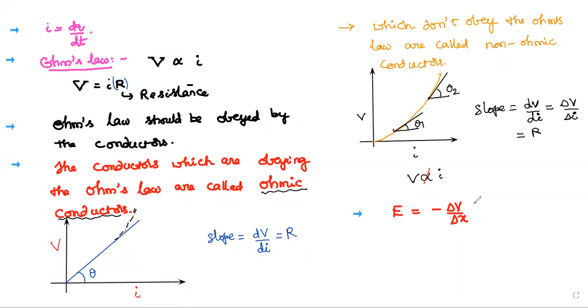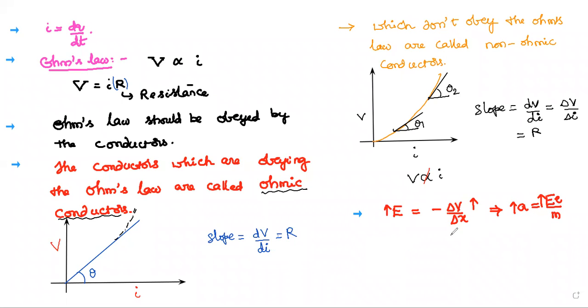If delta V is increased, electric field intensity will be increased. By this, the acceleration of the electron will be increased. From F is equal to eE, the acceleration is a equals eE by m. So if E is increased with the increase of potential difference, acceleration will be increased.